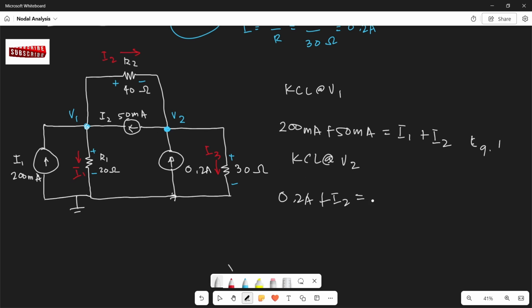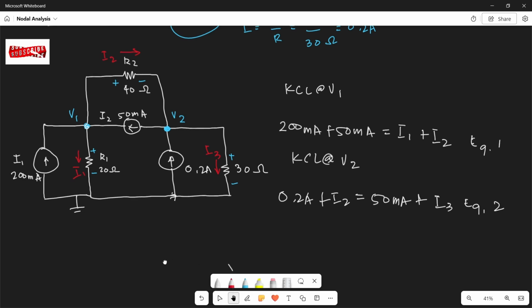So 50 milliamperes is leaving that node, plus I3 flowing through this resistor is also leaving the node. So now we have equation 2. We have these two equations now, so we just need to evaluate them.